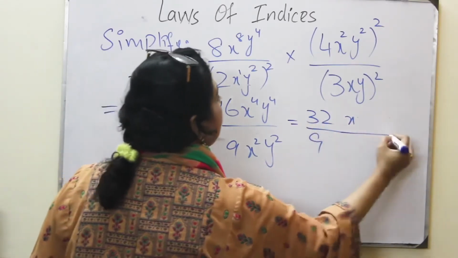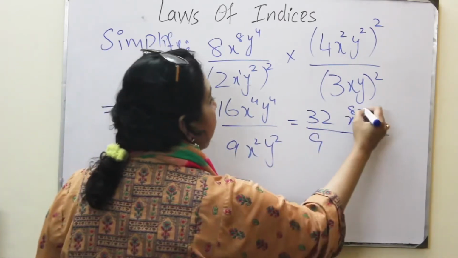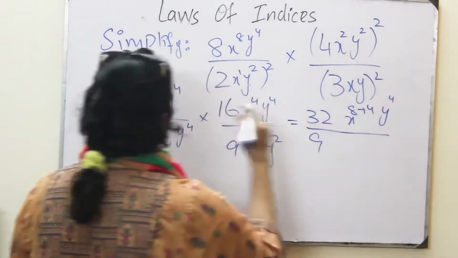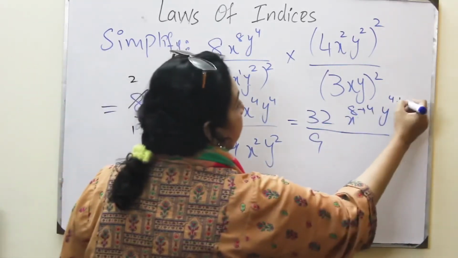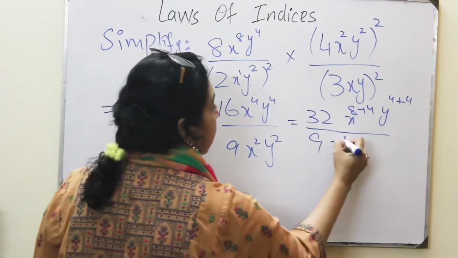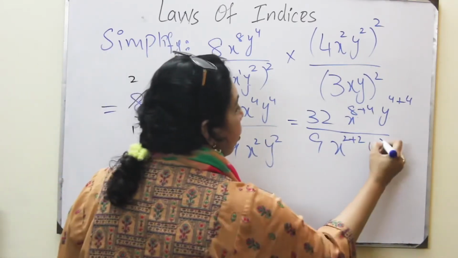X power 8 plus 4. In the numerator we shall add the powers. In the denominator we shall add the powers. And then when we simplify, we shall subtract the powers of the denominator from the numerator. You can see I have added, and here I shall have 2 plus 4, 6.